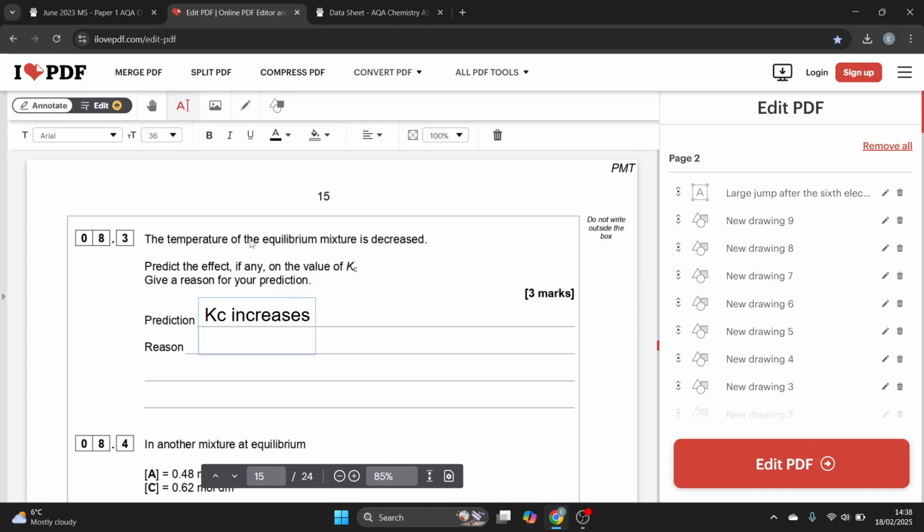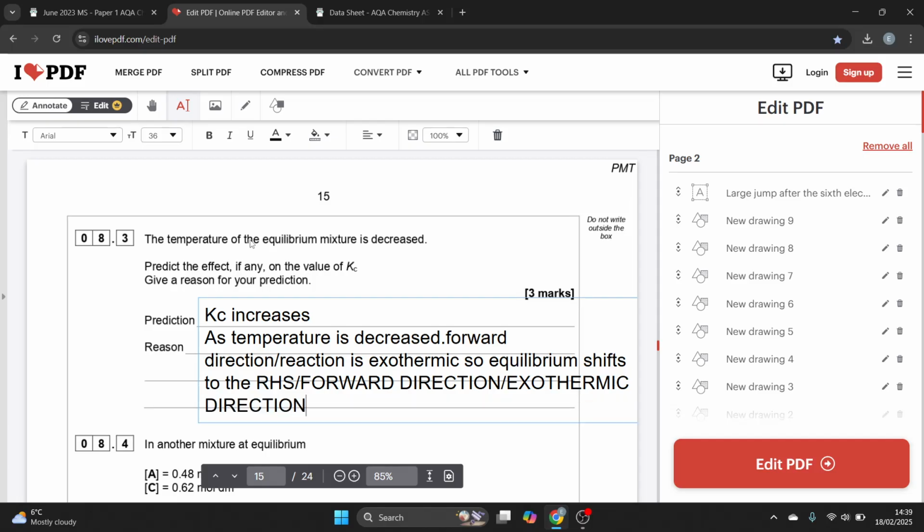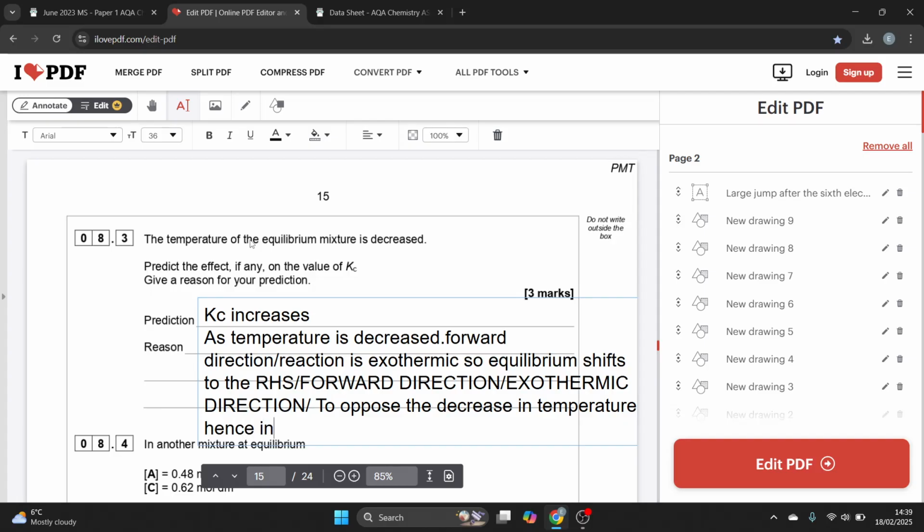Now I need to just say what I said. So as temperature is decreased, first things first, the forward reaction is exothermic, so equilibrium shifts to the right hand side, forward direction, exothermic direction, to oppose the decrease in temperature, hence increasing temperature.